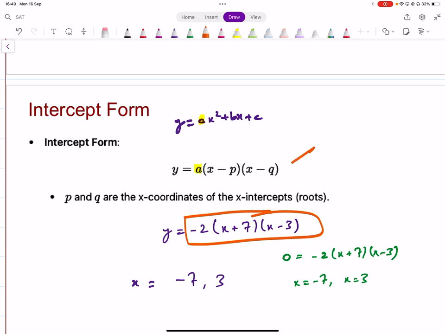If you have a function in this form, what is the turning point going to be? Any idea? No?